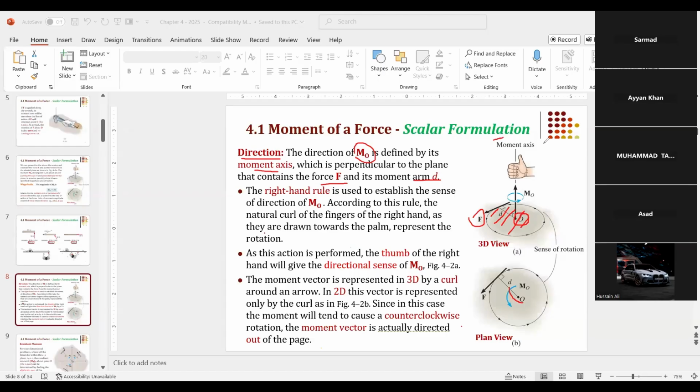And the moment axis, you see, is perpendicular to this plane. It is shown right here. The moment axis is perpendicular to the plane of the force. Now, you can use the right hand rule. The right hand rule is used to establish the sense of the direction of MO. According to this rule, the natural curl of the fingers of the right hand, remember it is the right hand, as they are drawn towards the palm.